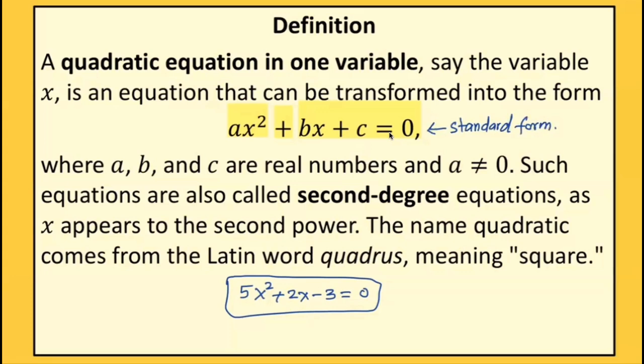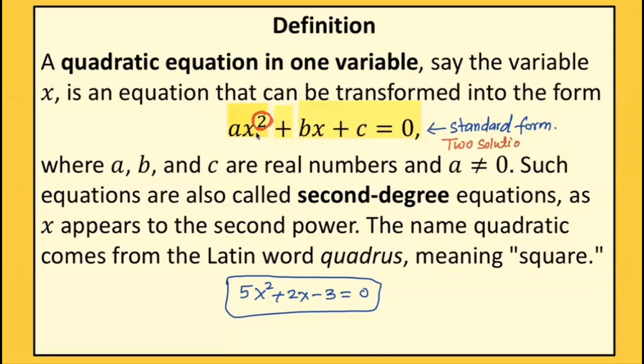And remember, this equation is a quadratic equation because of the second power. Look at that, the highest power of x is 2. If the highest power is 2, then it is called a quadratic equation. In this case, if the power is 2, there are also 2 solutions.